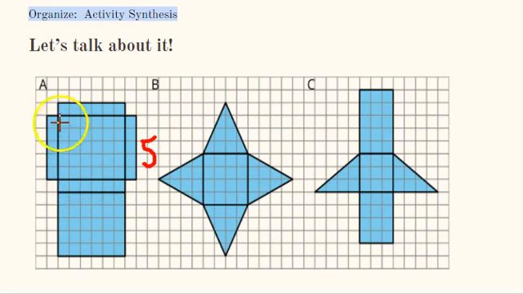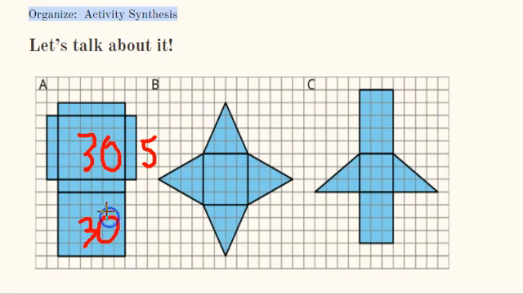Okay, so I have 4 5s, and then for my big rectangles, excuse me, I've got 1, 2, 3, 4, 5, 6 by 1, 2, 3, 4, 5. So that gives me an area of 30 here.